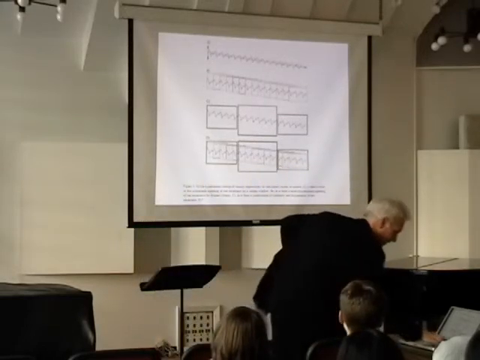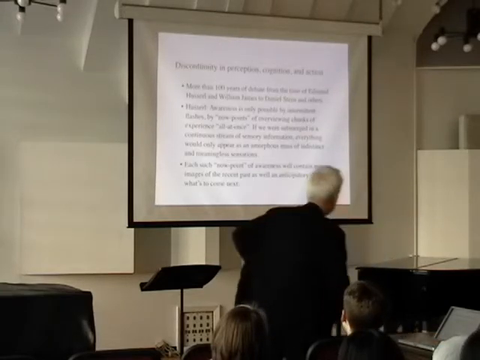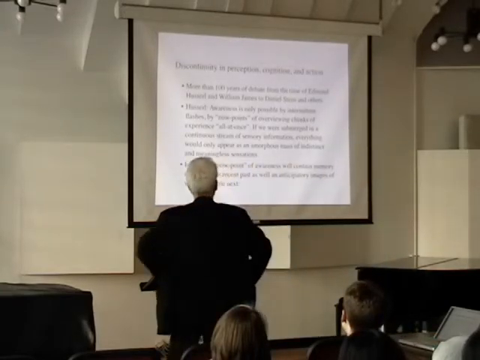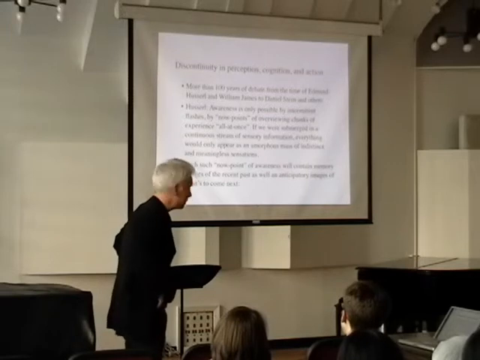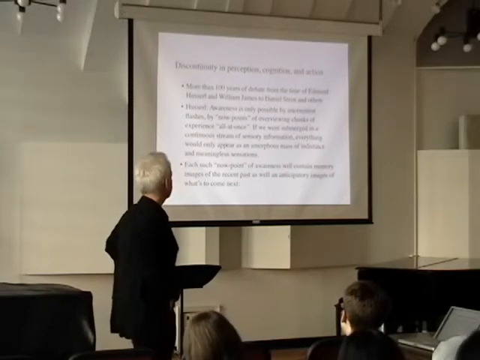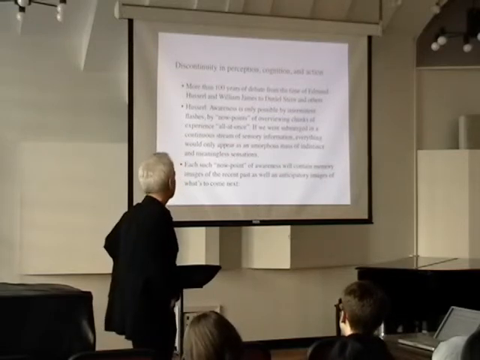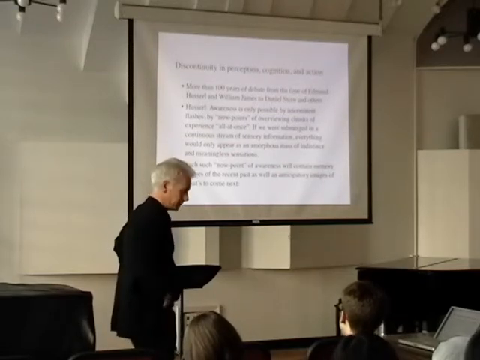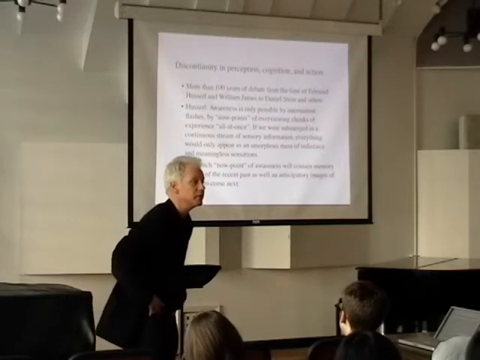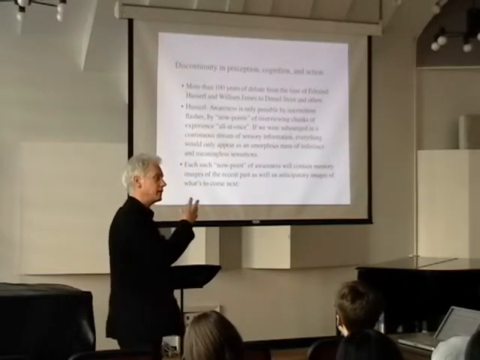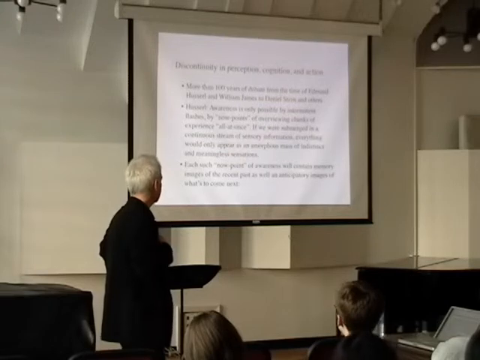Actually, it's a very enigmatic issue, and it has been discussed for more than 100 years. Husserl, the phenomenologist, had very clear ideas on this. William James had this idea of the specious present, some of you may know that. And lastly, Daniel Stern came out with a book called The Present Moment, which is very interesting, exactly about this same question.